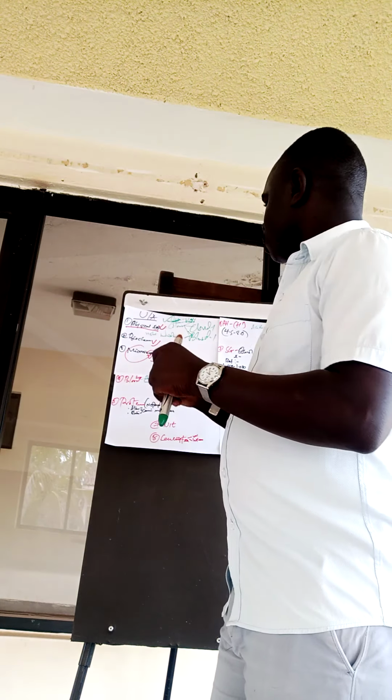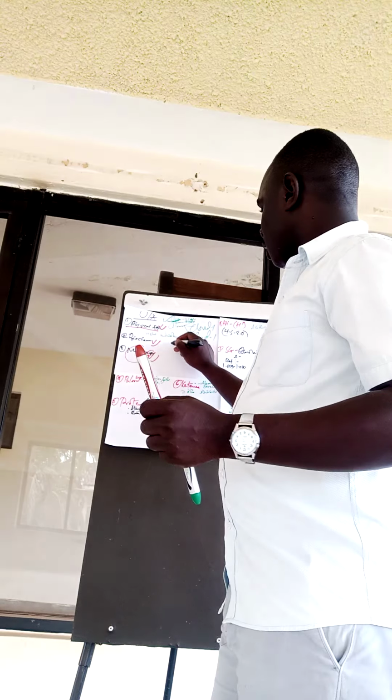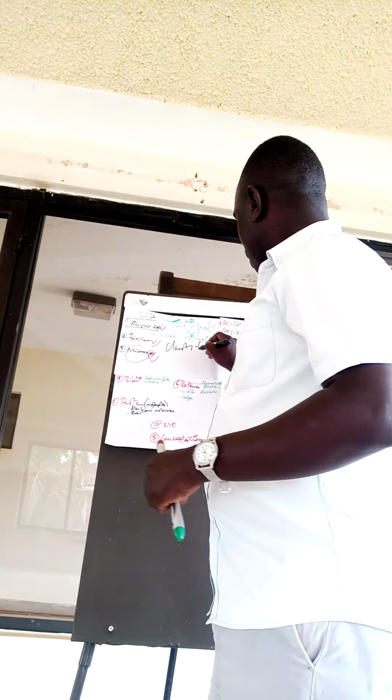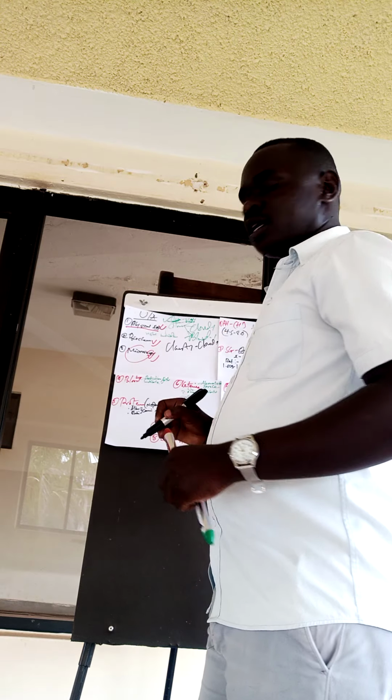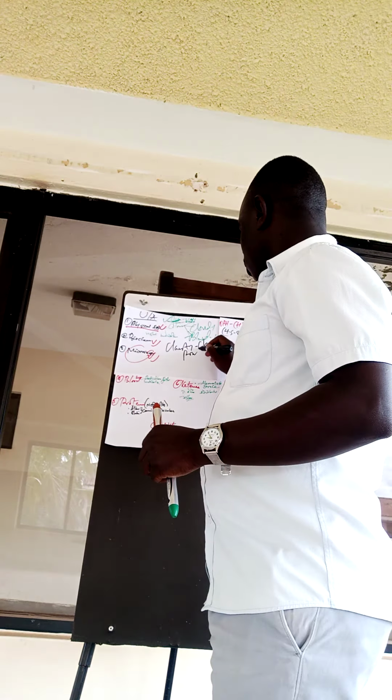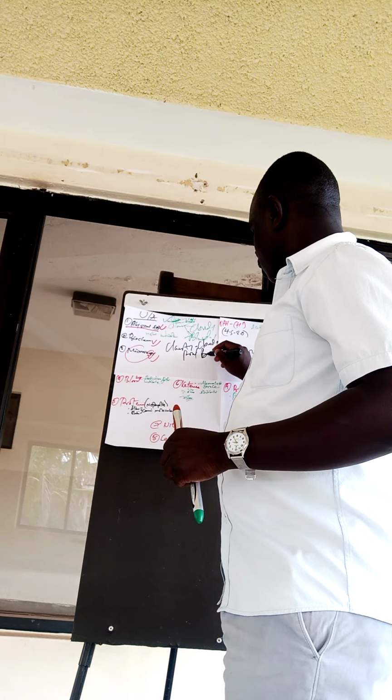So physical appearance is a good indicator. For example, when the urine changes from clear to cloudy or turbid, that could be the presence of, for example, proteins or a bacterial infection.